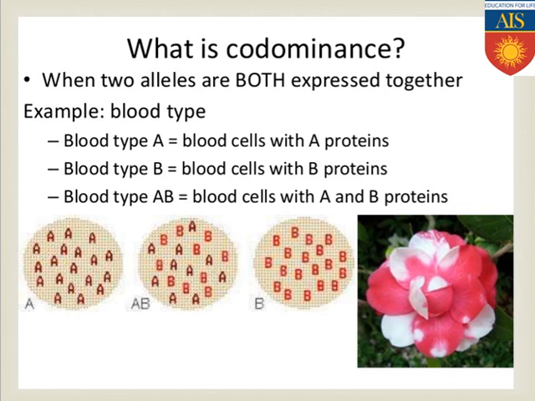As an example, consider the blood group. Individuals with blood group A have A antigen on the surface of the RBC, that's why they are blood group A. Those who have B antigen on the surface of the RBC obviously show the B blood group. But some individuals show both A and B antigen on the surface, because A and B antigens are the products of the dominant alleles IA and IB.